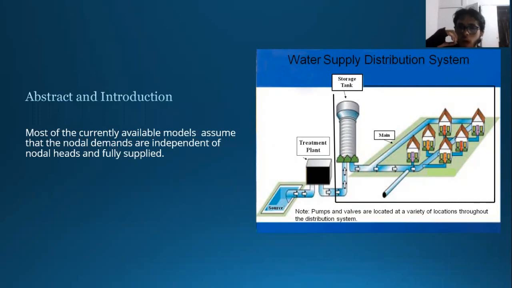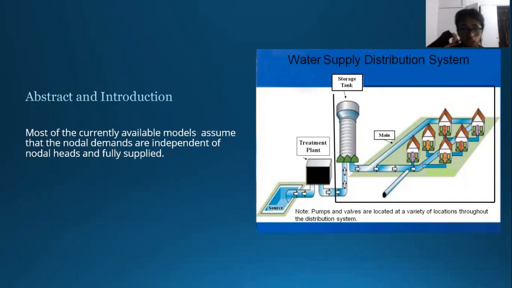So we must know that the currently available models assume that the nodal demands are independent of the nodal heads and fully supplied. And we know that in practice that doesn't happen. We can have nodes with reduced discharge, and that discharge is proportional to the head.